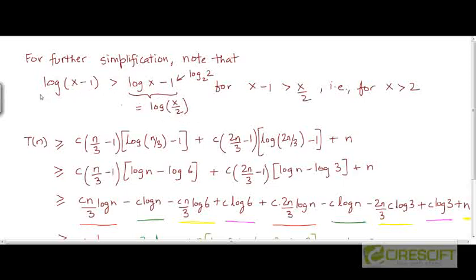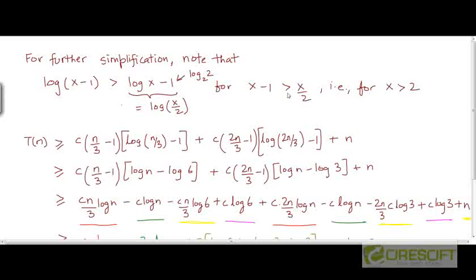So in general, log of (x minus 1) will be greater than log of x by 2 whenever the argument x minus 1 is greater than x by 2, because log is a monotonically increasing function of the argument. So if one argument is larger than the other argument, log of that argument will also be larger than log of the other argument.